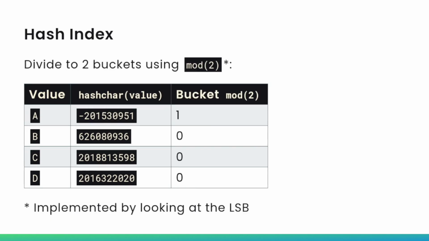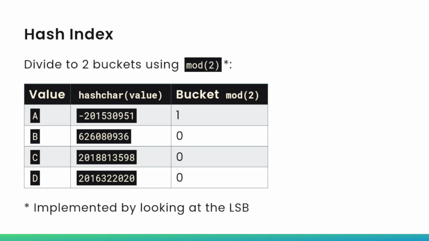So now we divide our hash index into buckets, okay? This is not something that you decide, how many buckets. This is something that Postgres decides, determined by looking at the LSB. But let's say that we now want to divide our hash index into two buckets. So we take each of the hash values and we apply modulo 2 on them.